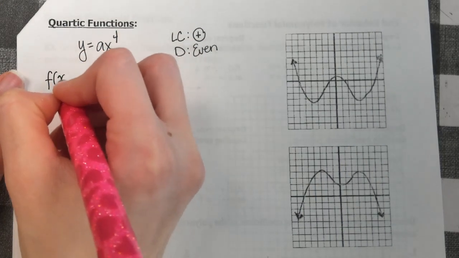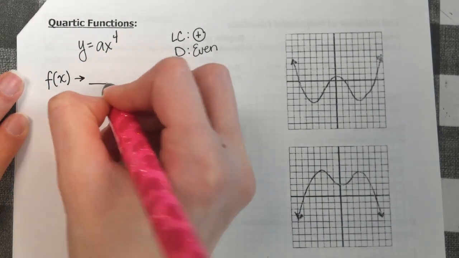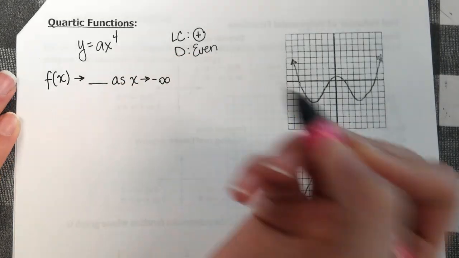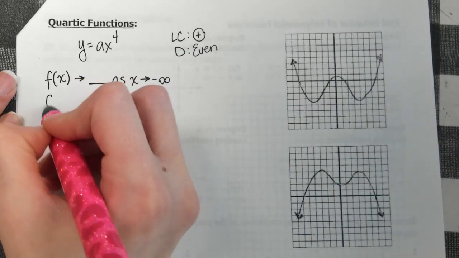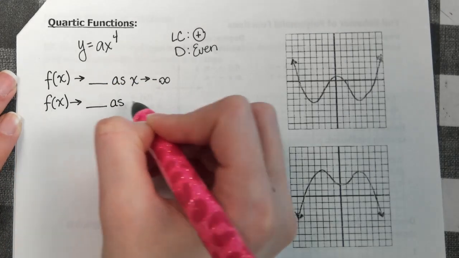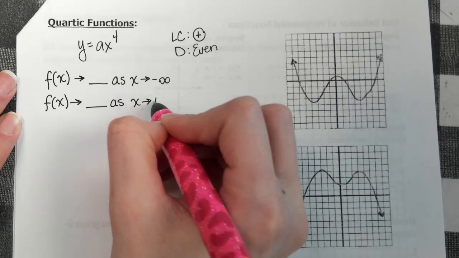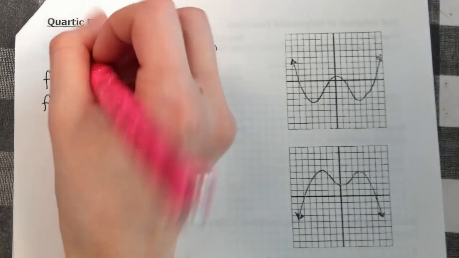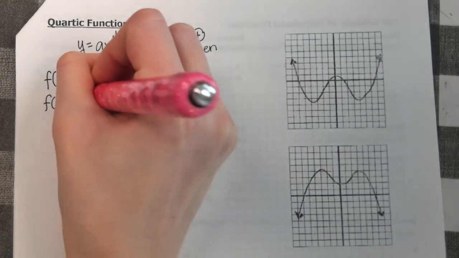So when we do our end behavior, f of x approaches blank as x approaches negative infinity. And f of x approaches blank as x approaches positive infinity. What happens on both ends? They're both going up, so they're both going to be positive infinity.